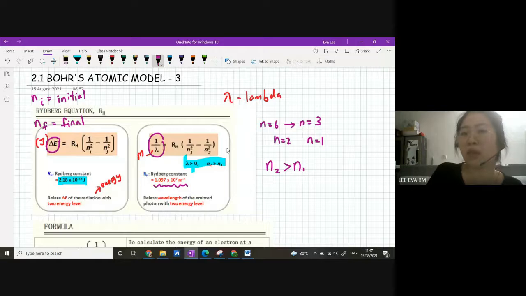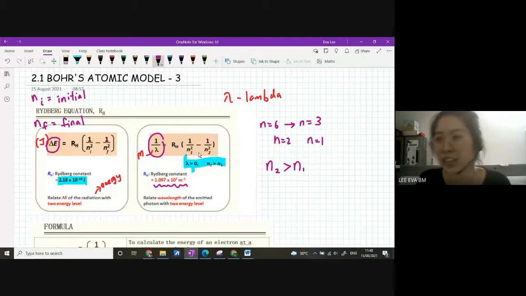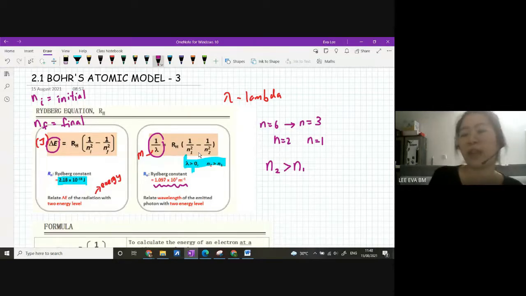But if you want to find 1 over lambda, you want to find the wavelength, tak kisah pun dia naik atas ke turun bawah. Yang penting, value N2 ini mesti lagi besar daripada N1. Because your wavelength should be always positive value. Kalau awak kira tiba-tiba nampak negatif, something is wrong with the wavelength. So you need to recalculate back again.